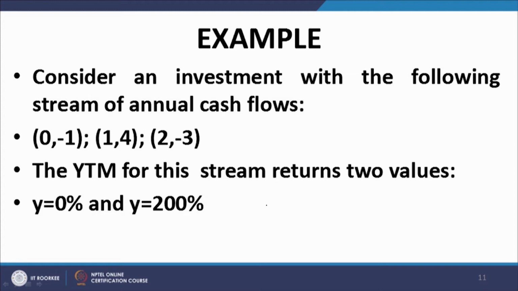For y equal to 0, you can see minus 1 and minus 3 equal minus 4, and we have plus 4 in the middle corresponding to t equal to 1 year. If you have no discounting, then clearly minus 1 plus 4 minus 3 is 0. So, that gives you the YTM of 0%. Similarly, if you solve the quadratic, you also end up with a YTM of 200%.